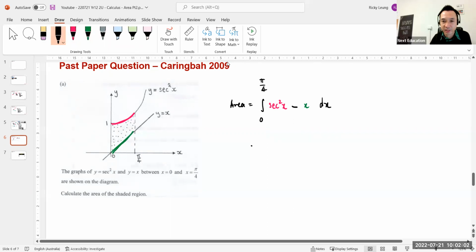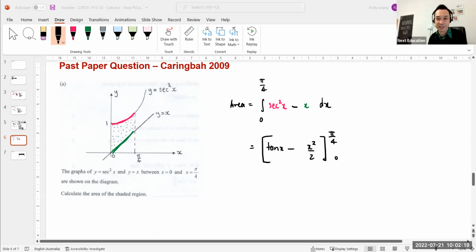Thought I'd just include another one for a bit of breadth of questions. So that's the integral, that's 10x minus x squared on 2 with the limits of pi on 4 and 0. Arguably, I should have done this question before the last one, but here we go.